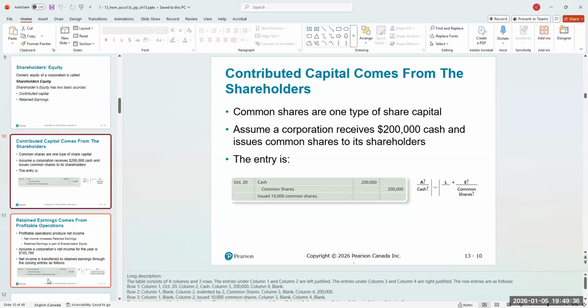On the credit side, we start keeping records for who invested and how much invested, and that becomes the common shares account. We open a common shares account for that initial investment from whoever invests in the company.